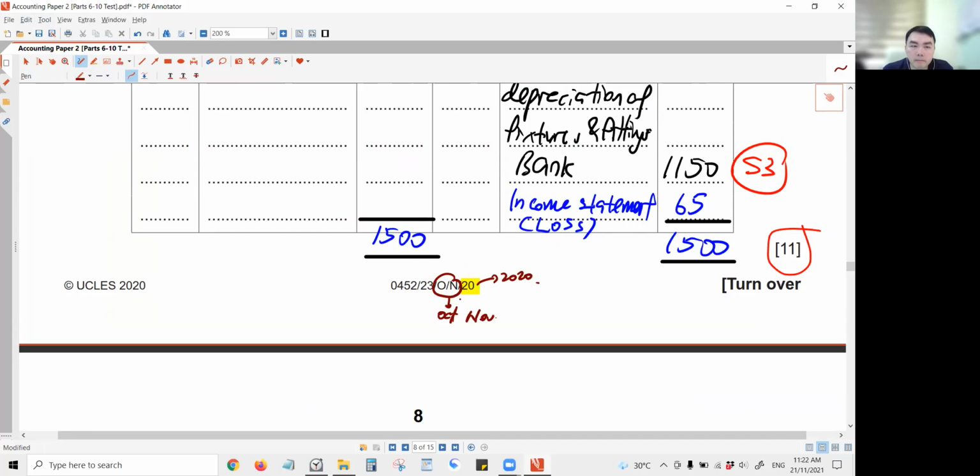And the 23 here means paper 2. And the 3 means variant 3, the version 3 paper.